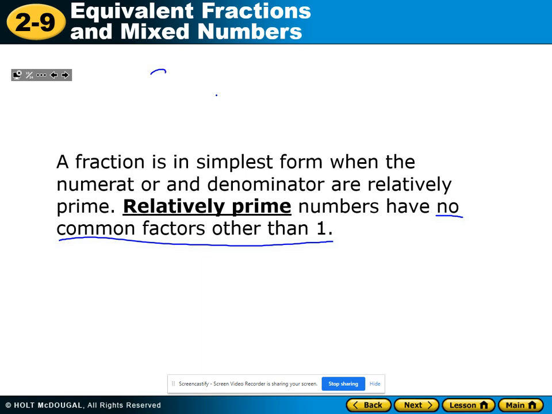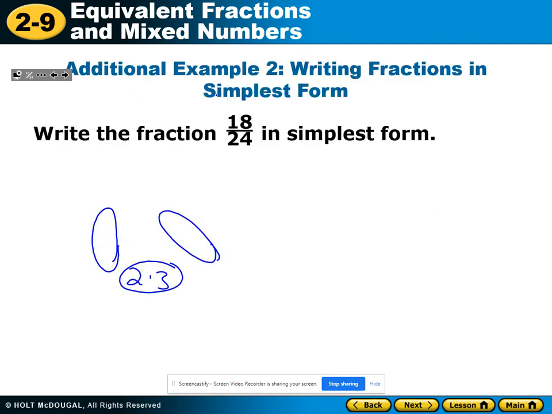So if we look at what I had up here originally, 8 and 15, well, 8 and 15 don't have any common factors, so they're relatively prime. That is in simplest form. All right, 6/7. They are relatively prime. That's simplest form.